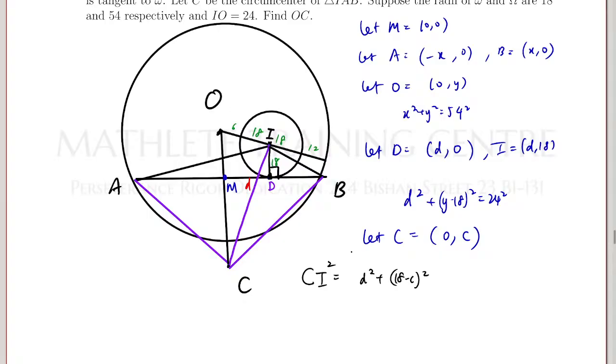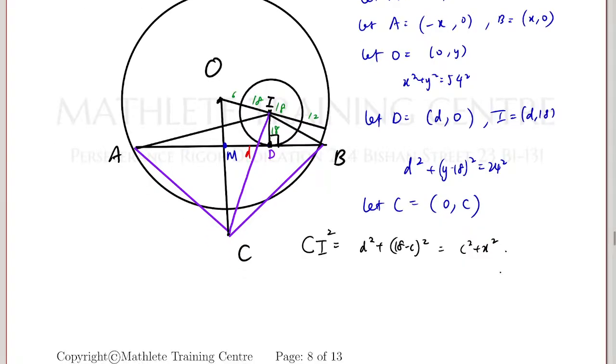And then what else do I have? We also have something else. CI squared is also equal to this guy, CB squared. CB squared is equal to C squared plus X squared. Okay.